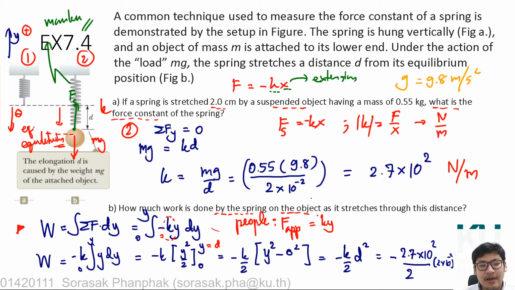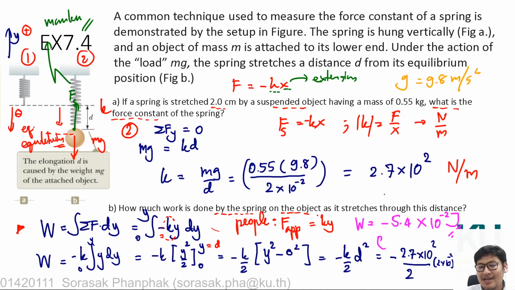So finally I will write down the work here after the calculation, equal to minus 5.4 times 10 to the minus 2 joule. This is quite important.